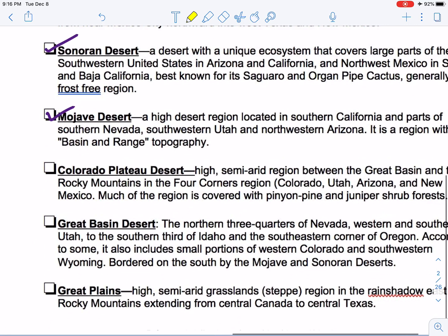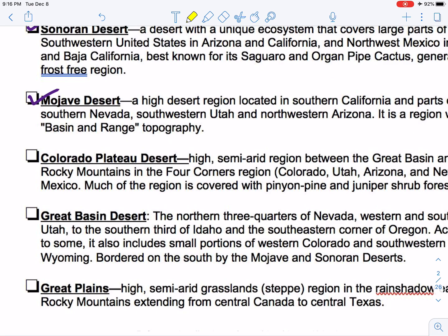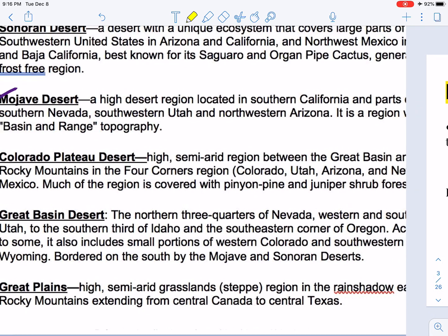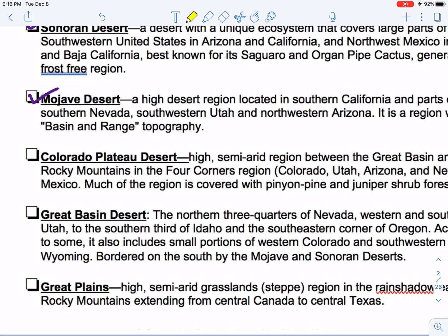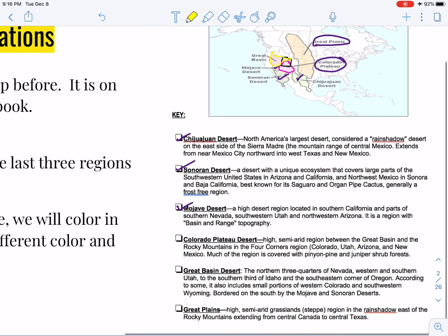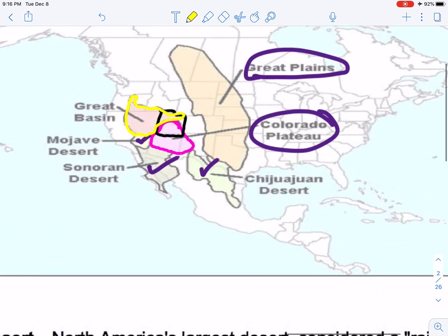Now let's talk about our Great Plains. The Great Plains are a high, semi-arid grassland or steppe region in the rain shadow area of the Rocky Mountains, extending from central Canada to central Texas. It says that it's a grassland.